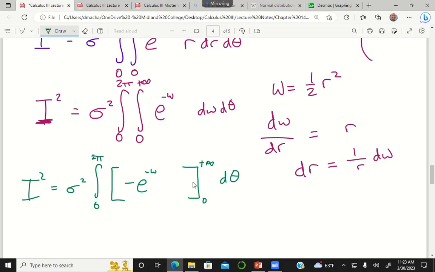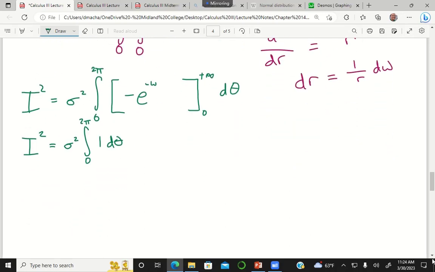So e to the power negative infinity would be 0. As you go out to the left, the exponential function gets closer and closer to the x-axis. So in the limit, that would be 0. And e to the power 0 is just 1. And so we've got a situation where that integrand is just 0 minus negative 1. And 0 minus negative 1 is just 1. So then I take the antiderivative, it's just theta, and you plug in 2 pi and you plug in 0, and you just get 2 pi.